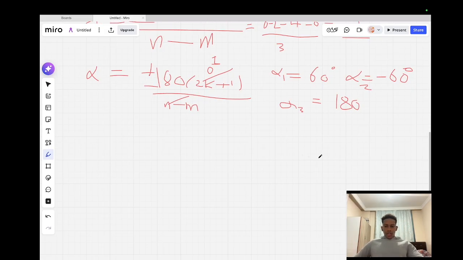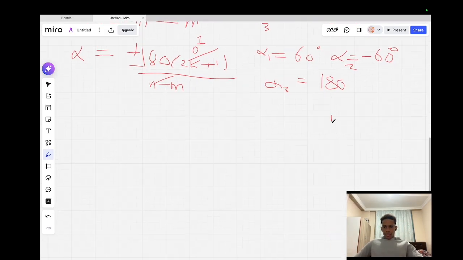After that we need to find the poles. Here we have the first pole at 0, the second at minus 2, and the third at minus 4.